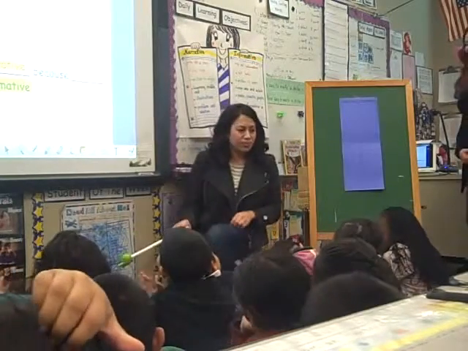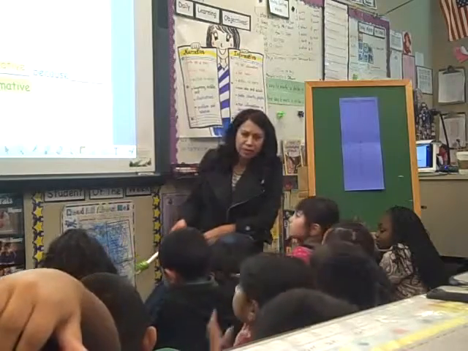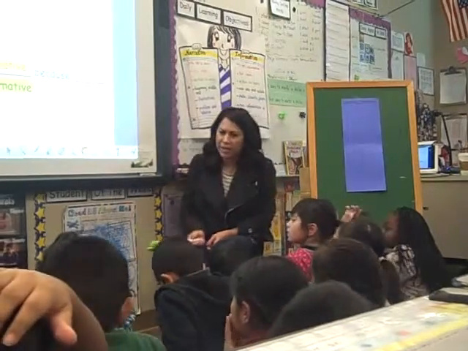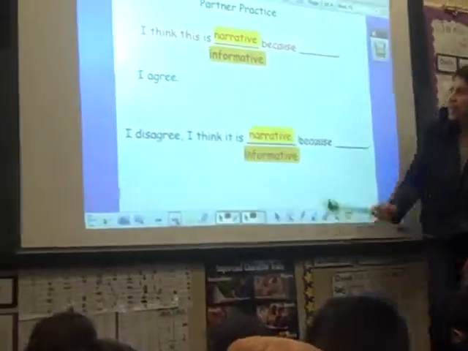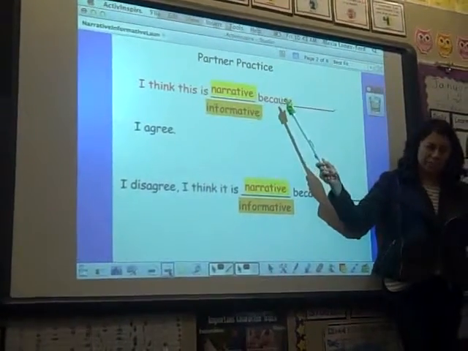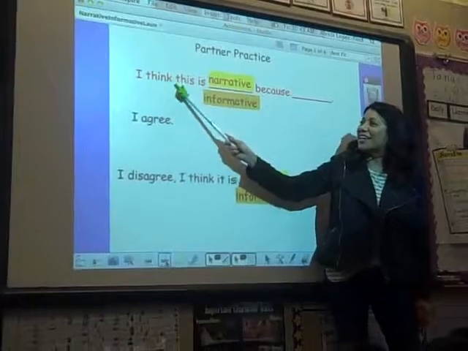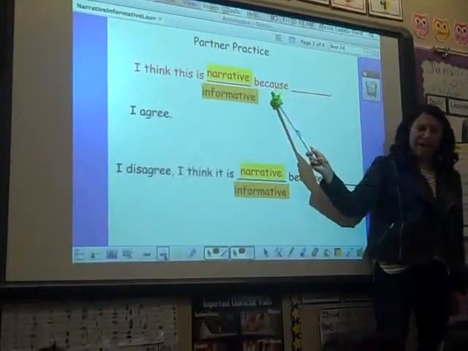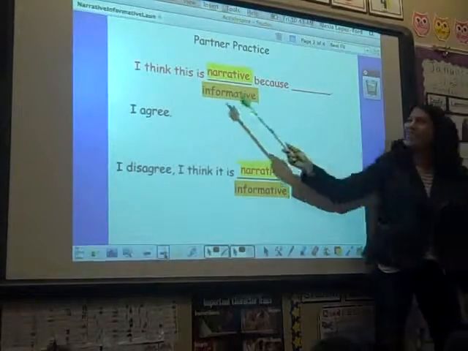Okay, so let's practice our sentence frames before I have you work in partners, okay? So I say, you say. I think this is narrative because... Okay, let's say it together. I think this is narrative because... blank.